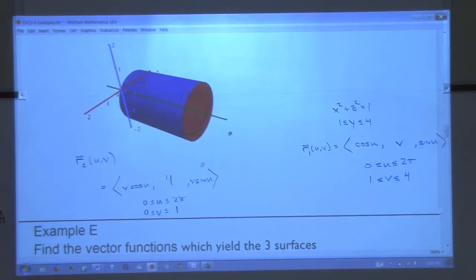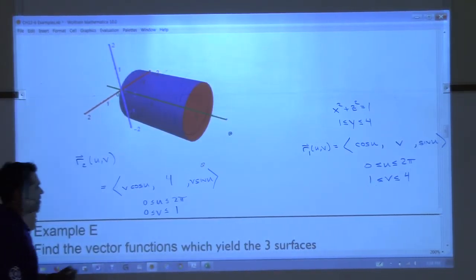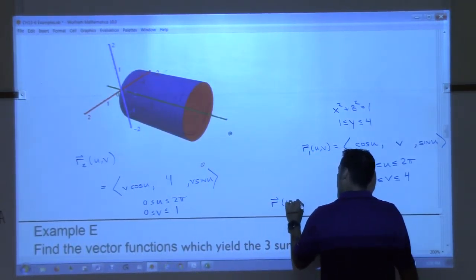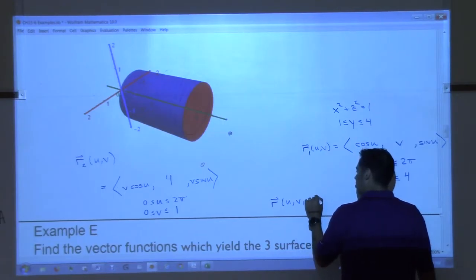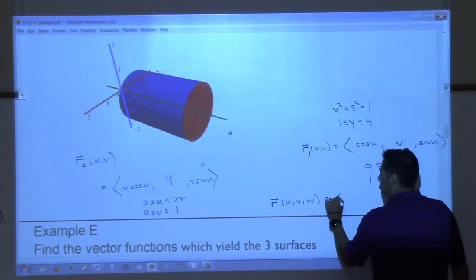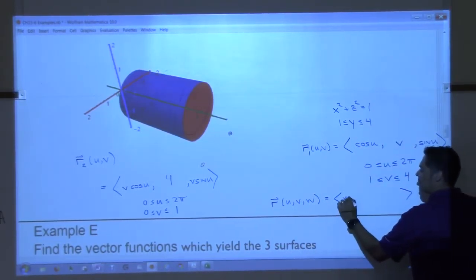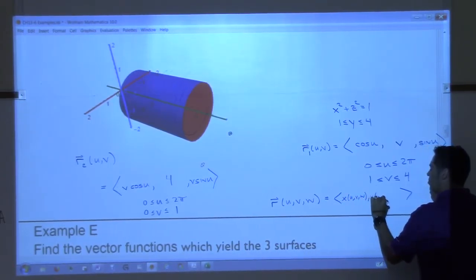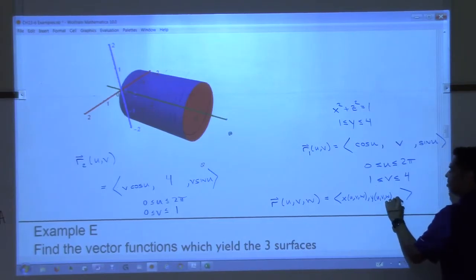If you draw a solid, would you add another variable? Like u would be another variable? So you're asking, what if you had u, v, w, and you have some 3-dimensional vector where x is some function of u, v, w, and y is some function of u, v, w, and so on.